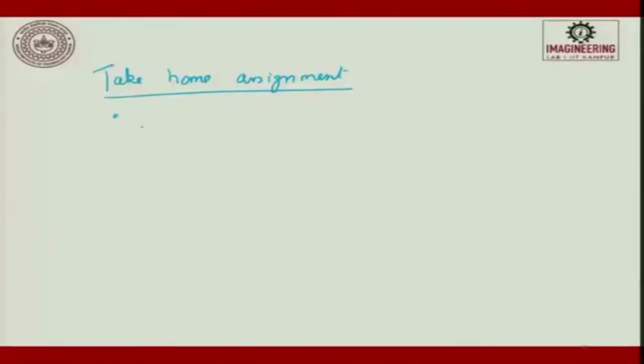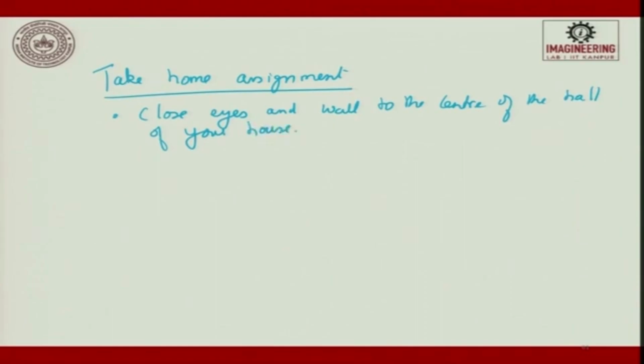First, let us try to close your eyes and walk to the center of the hall of your house. And now you try to move around the house with measured displacements.